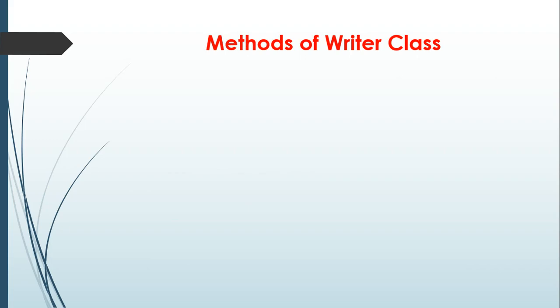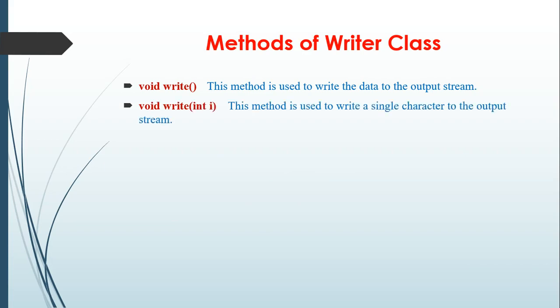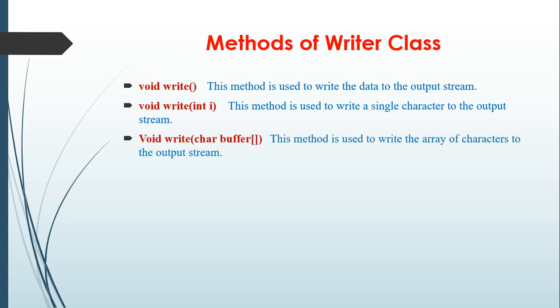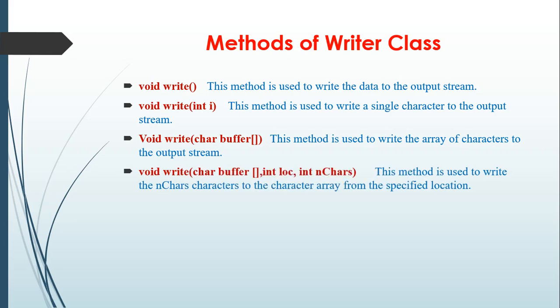Here are some methods of writer class. void write(). This method is used to write the data to the output stream. void write(int i). This method is used to write a single character to the output stream. void write(char[] buffer). This method is used to write an array of characters to the output stream. void write(char[] buffer, int loc, int nchars).